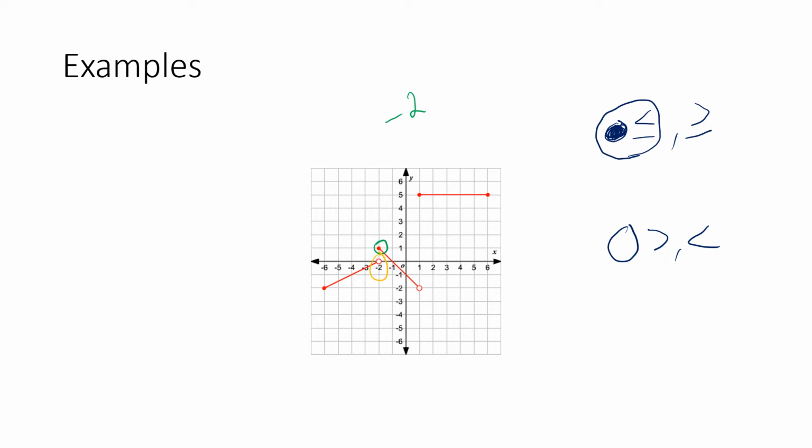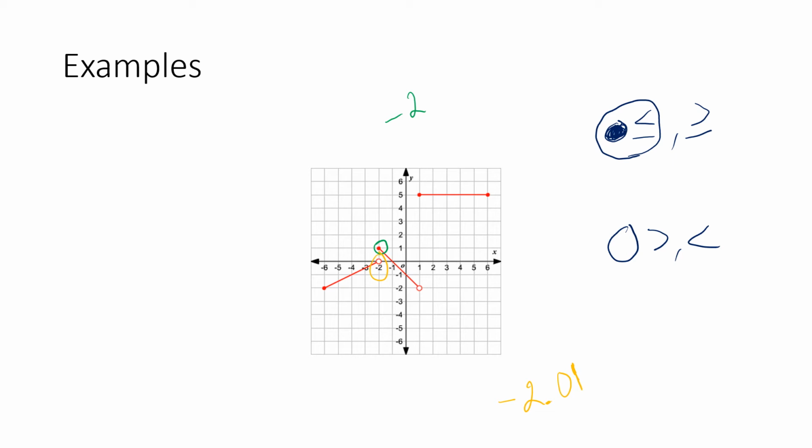So in this case, since the line starts at -6, that dot means that we only get to -2.01, for instance. It's not actually -2. It's going to end right before -2. So if that means that it's -2.01 and the green one that I circled is -2, those are technically not the same.